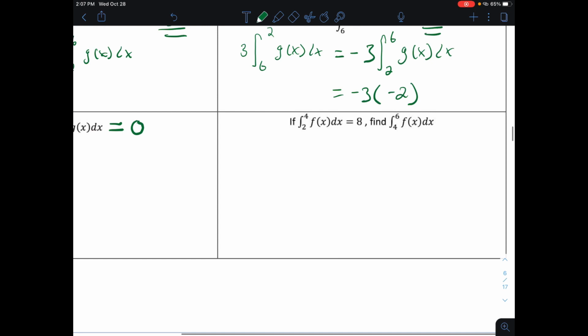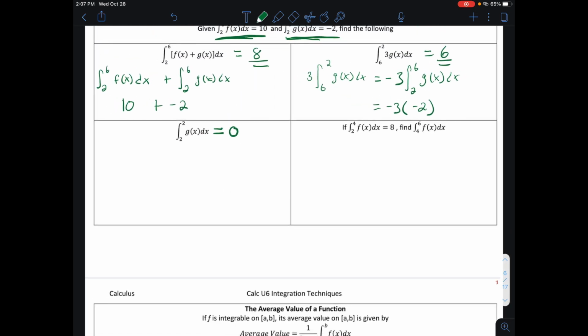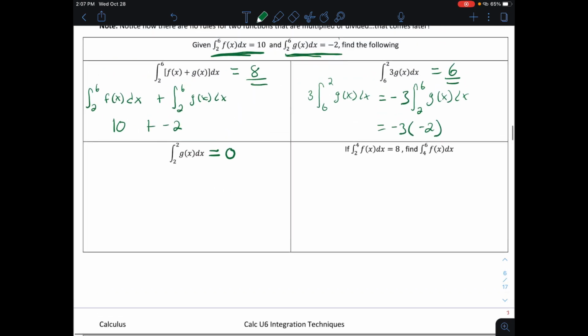In order to figure that out, we actually have the overall value from 2 to 6 for f of x dx to work with. The overall signed area from 2 to 6 is going to equal the signed area from 2 to 4 for f of x dx, plus the area that goes from 4 to 6 for f of x dx. And we're going to plug in values.